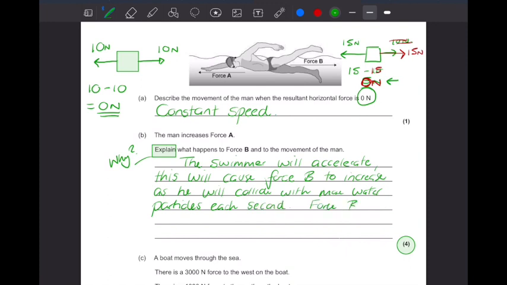Force B will increase until it is equal to force A, so the resultant force is 0 newtons.